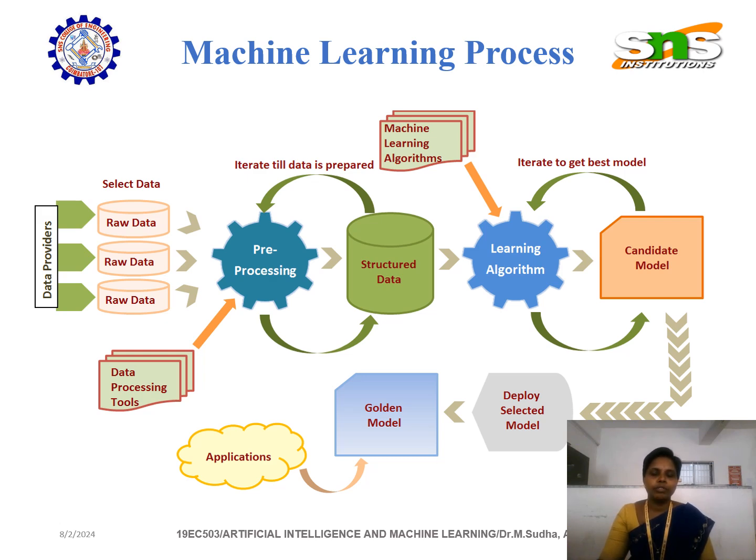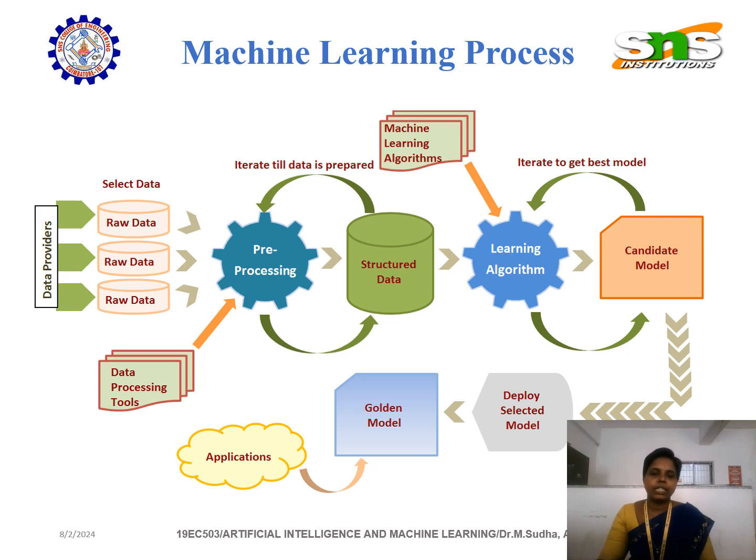Once we do the pre-processing, we will send the data to the structured data stage, to check whether the data is structured according to our model or not. If the structured data is fine, we will carry it to the learning algorithm. If the structured data is not convenient or not sufficient for our model, then it will iterate until the data is prepared.